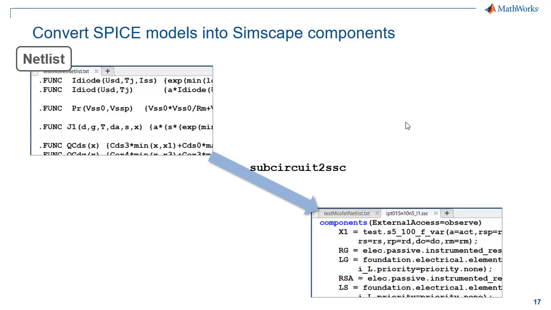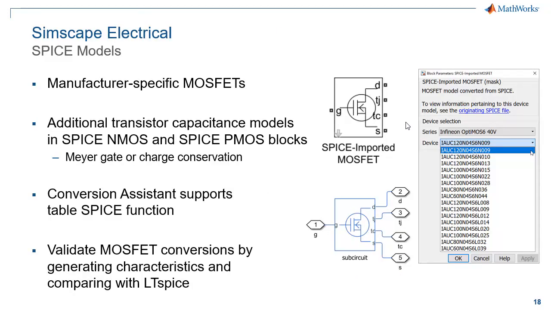From a netlist, this will automatically create a Simscape component based on the SPICE netlist. We now introduced SPICE models for our switches such as the SPICE imported MOSFET, and we provide some selection off the shelf for certain types of MOSFET, such as the ones from Infineon.